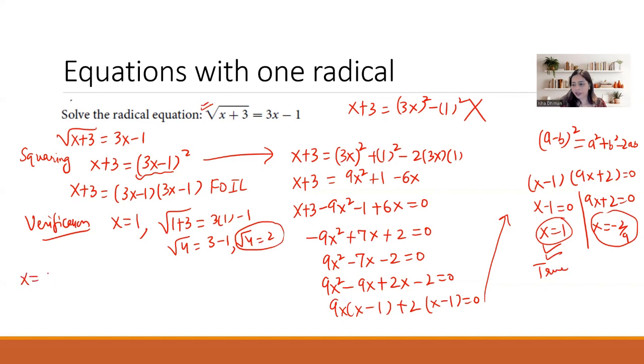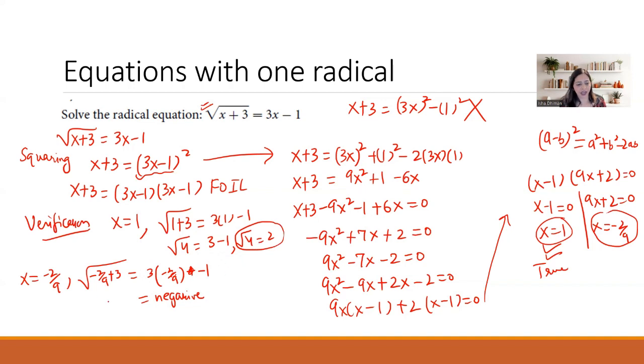And let's verify the other one, which is minus 2 over 9. So square root of minus 2 over 9 plus 3 is 3 times negative 2 over 9 minus 1. So I can clearly see the right-hand side is negative. Even before simplifying, whatever I get after adding these fractions, we know both of the terms are negative.